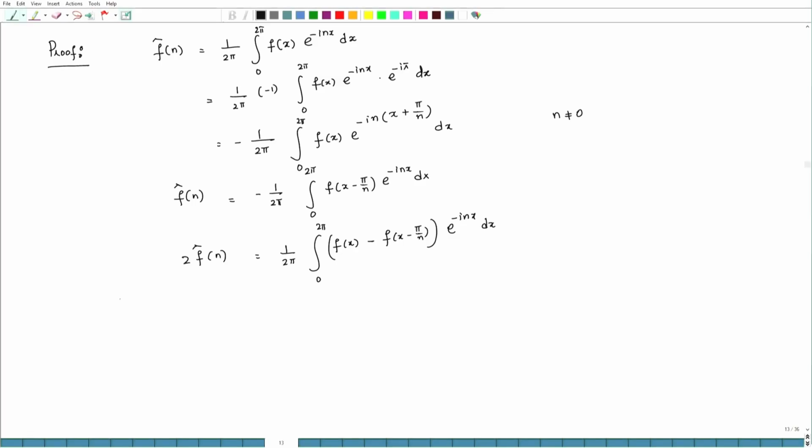Therefore, for f continuous, what we have got is that 2 f hat of n converges to 0 as mod n converges to infinity. So, for f a continuous function, we have got our Riemann Lebesgue lemma.